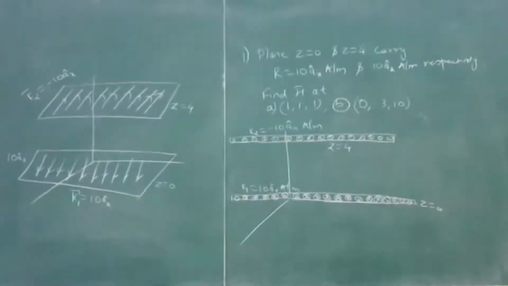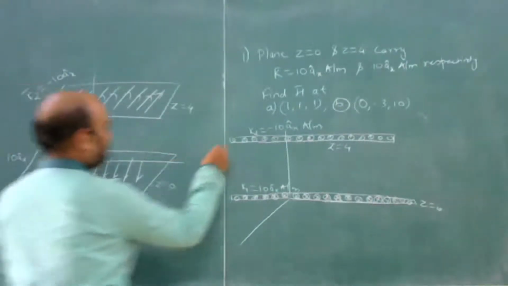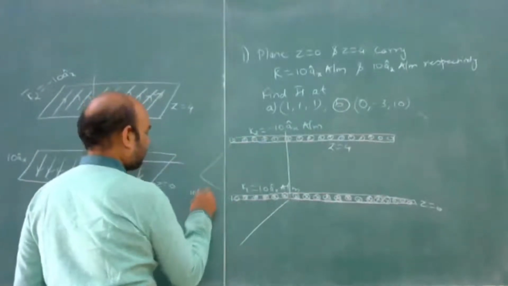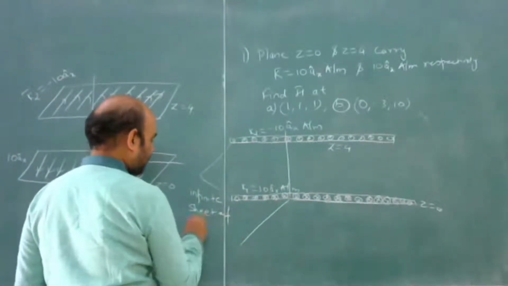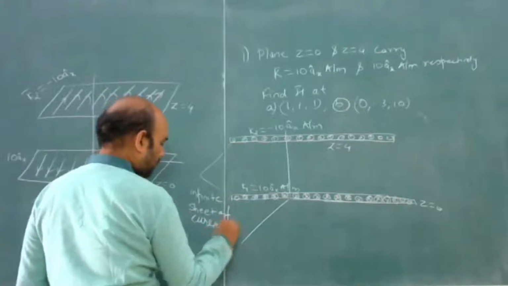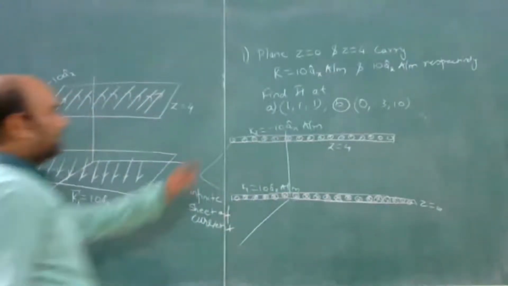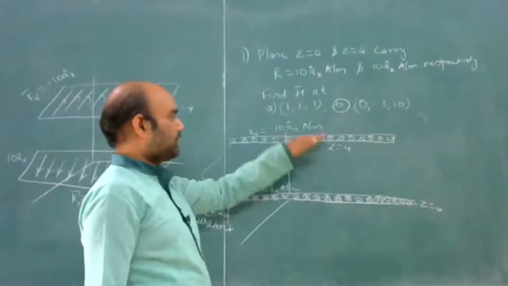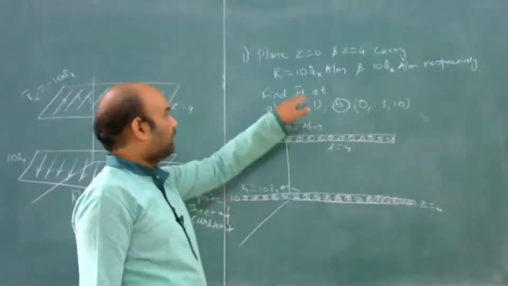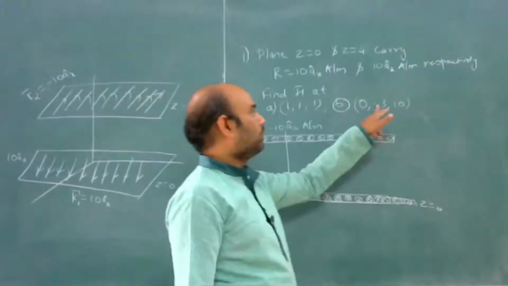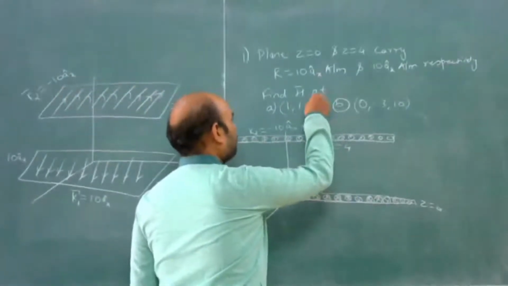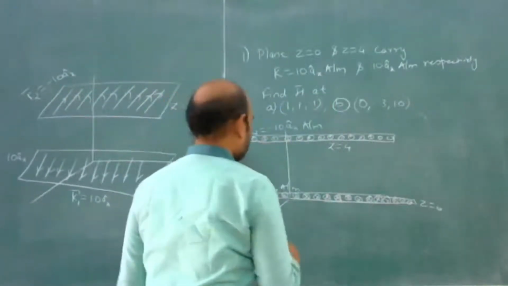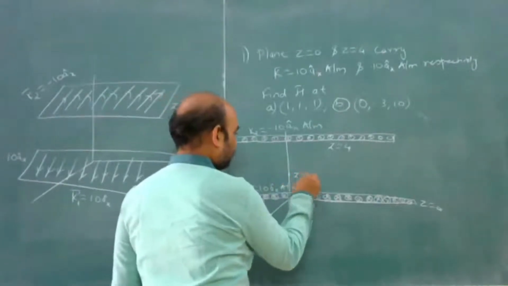So we have two parallel infinite current sheets, and you have to find the value of H due to this configuration at (1, 1, 1) and at (0, -1, 1). We will concentrate on the z coordinate only, so this will be z is equal to 1.